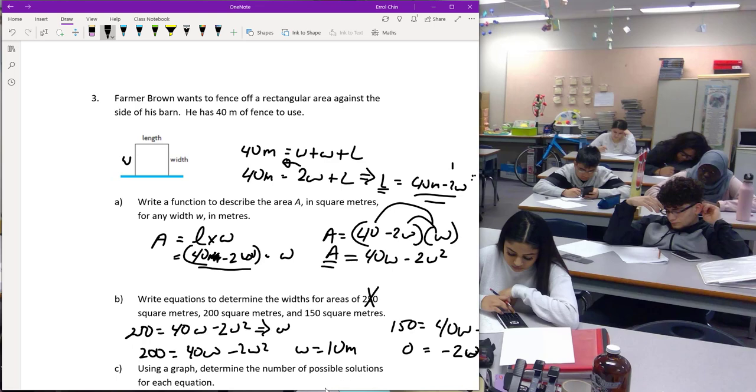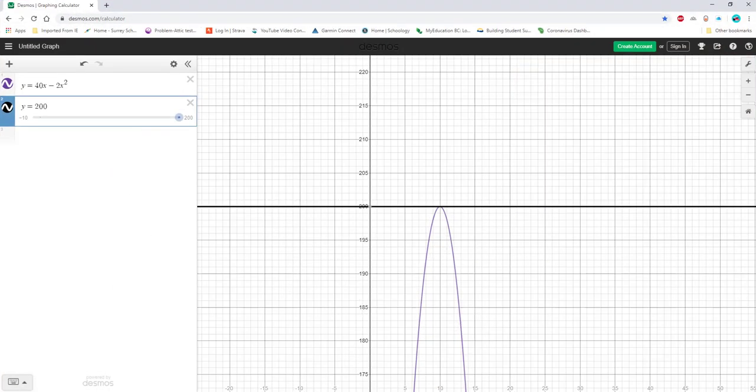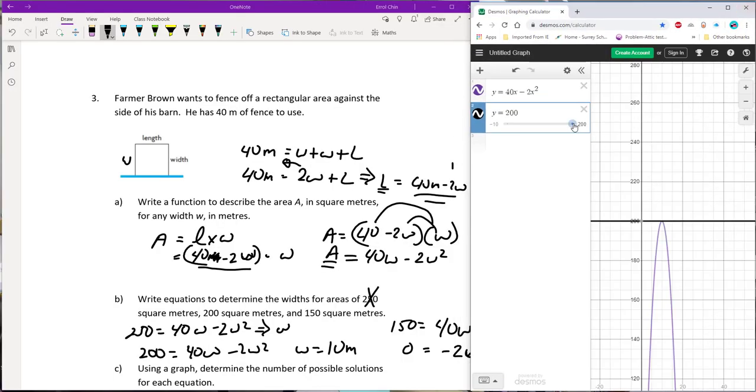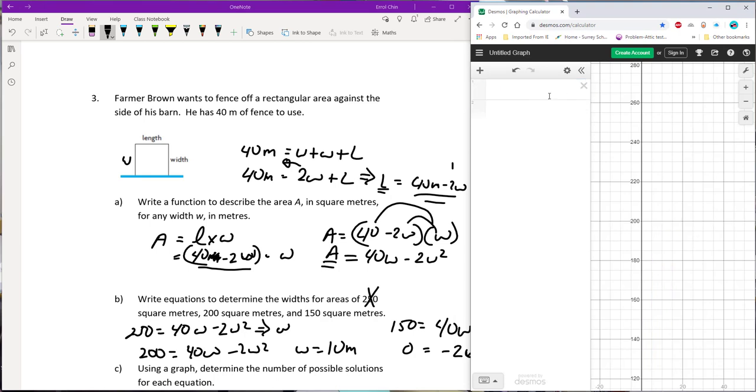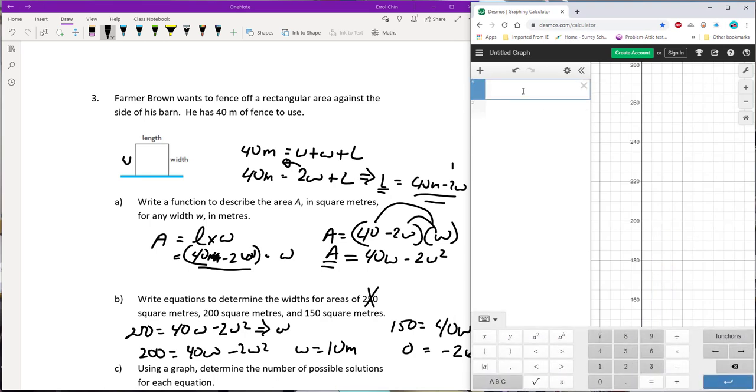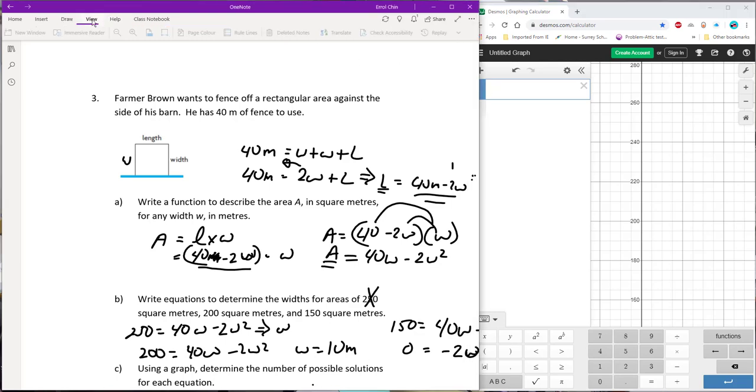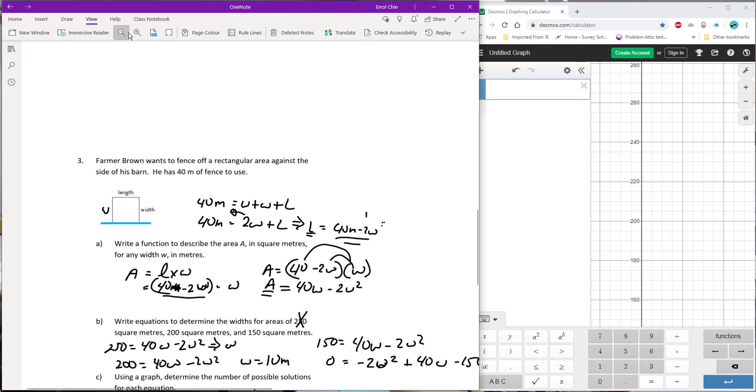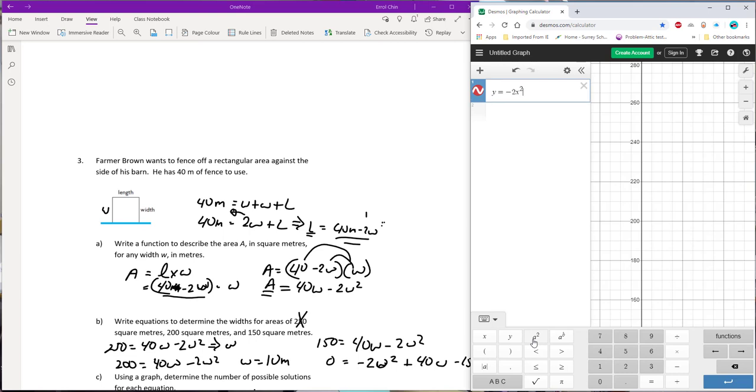And there you guys are in one of my photos. Desmos, there you go. Then this goes back to finding the zeros. Okay, so my equation, if I can sort of see it, is y equals negative 2x squared plus 40x minus 150.